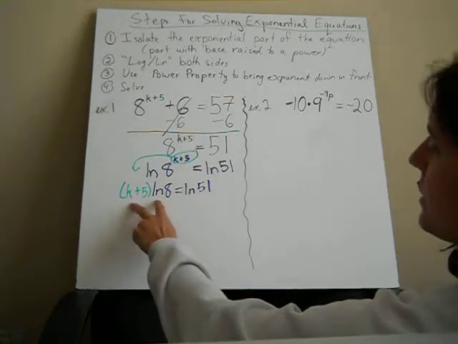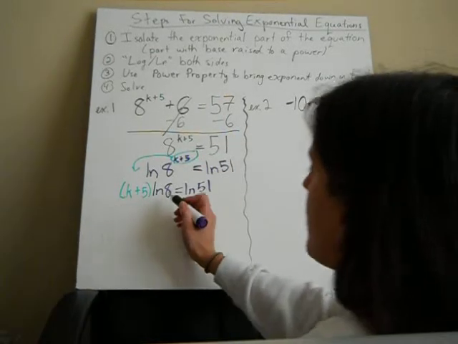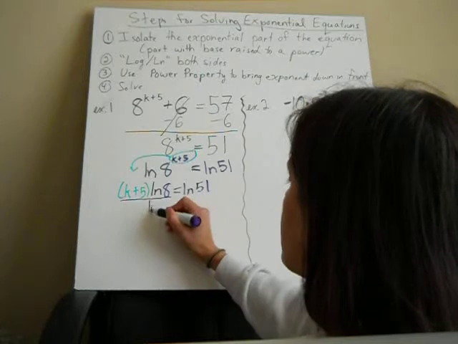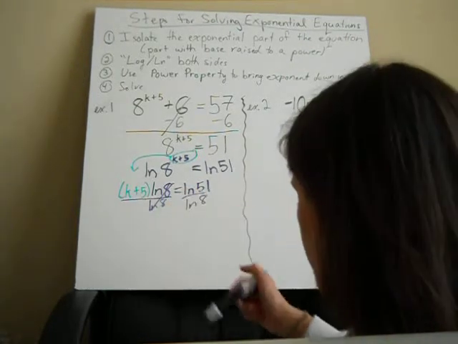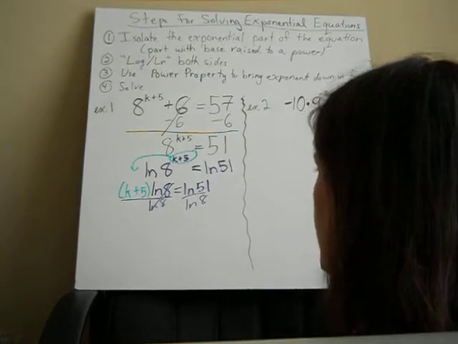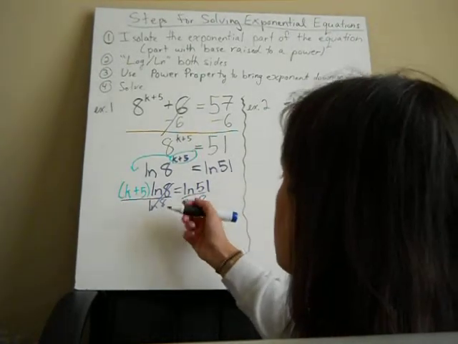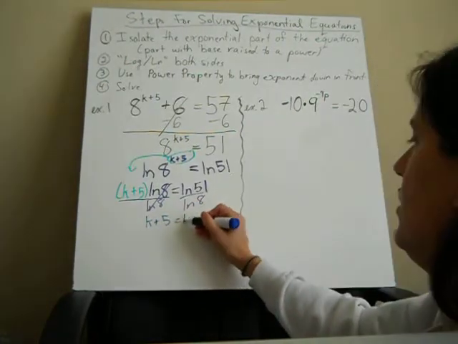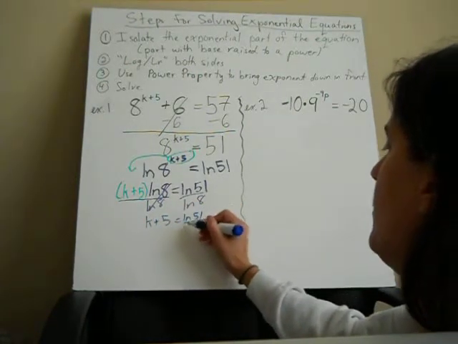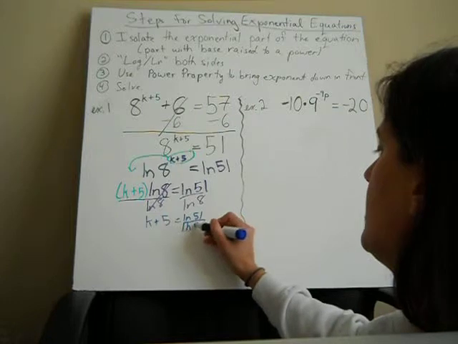Since this is being multiplied and I want to get this away, I'm going to divide both sides by natural log of 8 and bring down that k plus 5. So I've got k plus 5 is equal to the natural log of 51 over the natural log of 8.